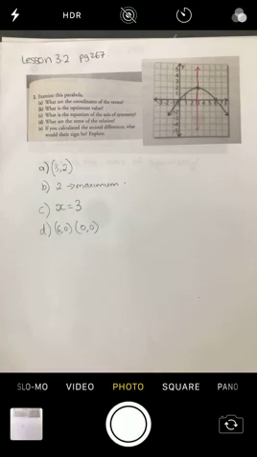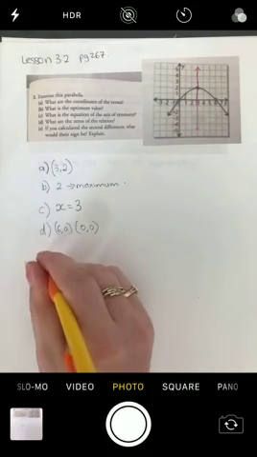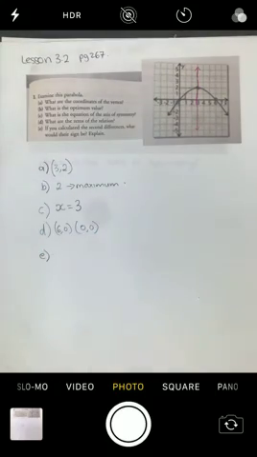Finally, it says, if you calculated the second differences, what would their sign be? Explain. If the sign of our second differences is positive, then our parabola opens up.